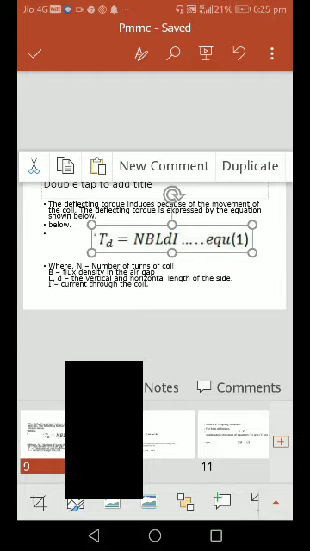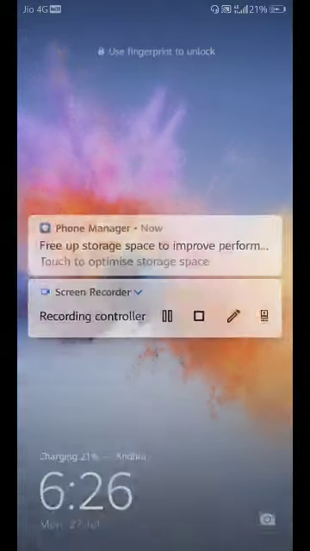In the rotation of the coil, it produces a force. That force is called the torque force.